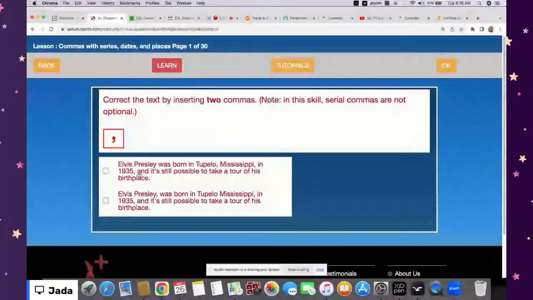So now, between both of this, which one has a mistake? Where do we need to add the two commas? Because we need to add two commas, right? So yeah, do we add a comma for the places? What do we do? Remember that we're gonna add a comma after the city before the country.